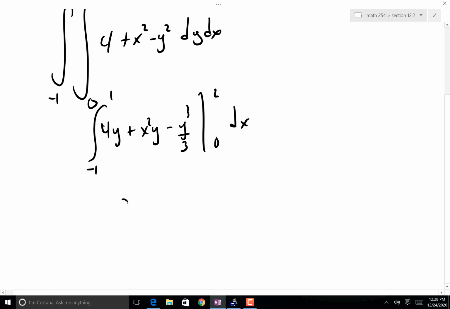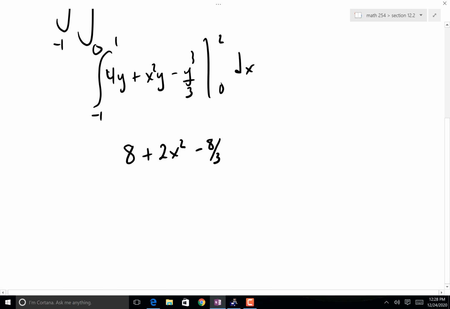And so if you plug a 2 in, you're going to get 8 plus 2x squared minus 8 thirds, which is 24 minus 8 thirds, 16 thirds I guess, plus 2x squared. Now we're going to do a little dx action.